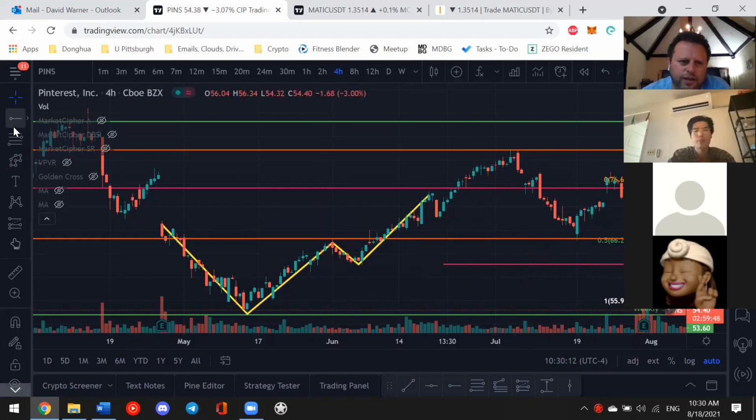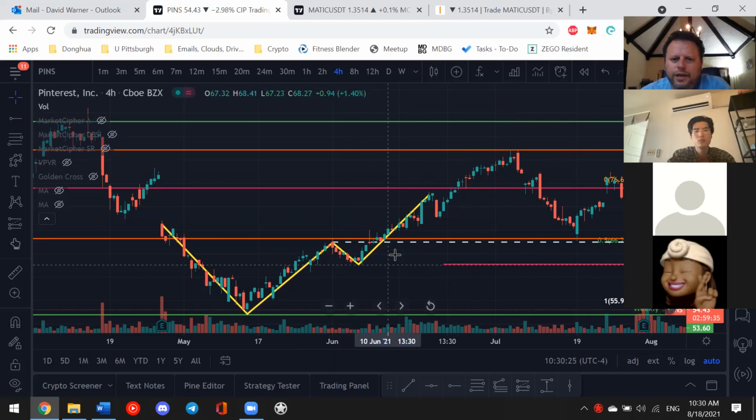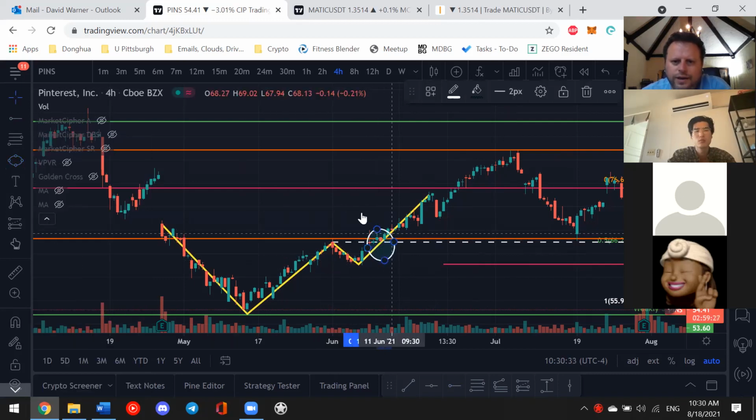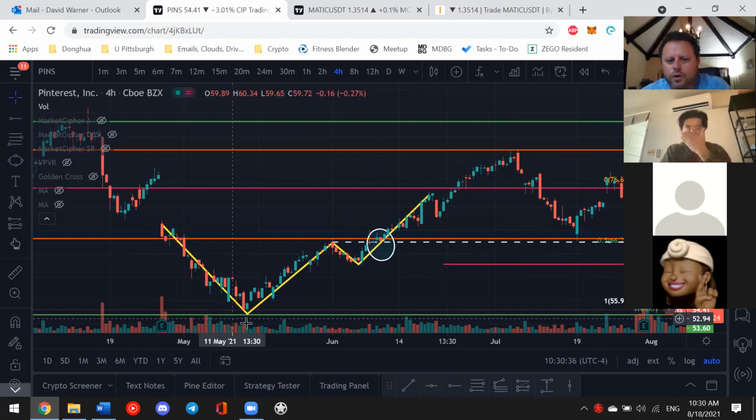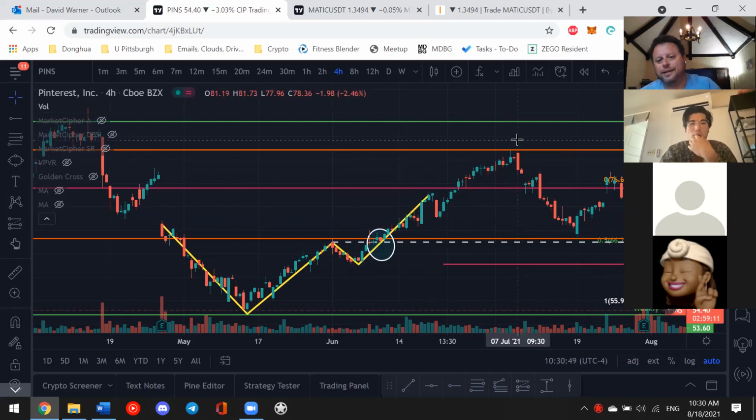It confirms at this point right here. Let me make that color easier to see, okay? Let's use a dashed line there. It confirms, as you can see, right here. And because the price went down, up, down, and then it went past this middle line, the C point, this is A, B, C, because it went past the C point and kept going, we had reason to believe the price would keep going up, and it did.